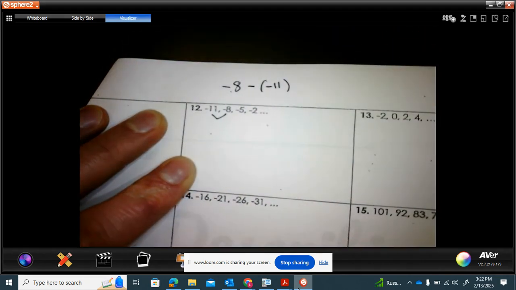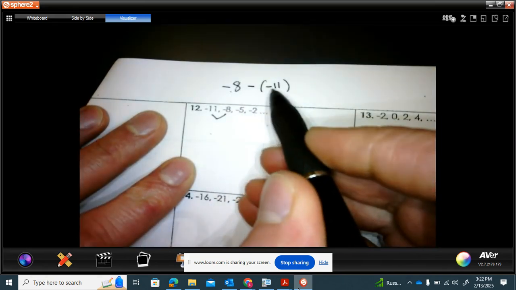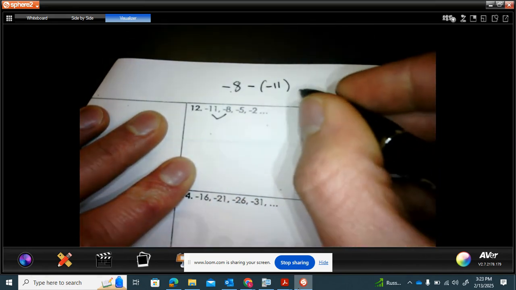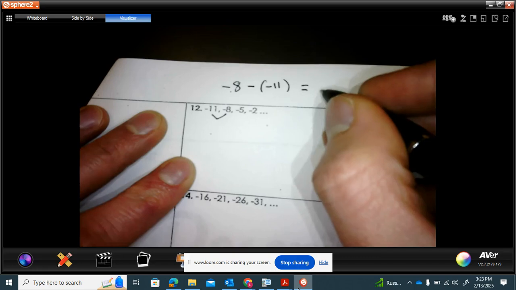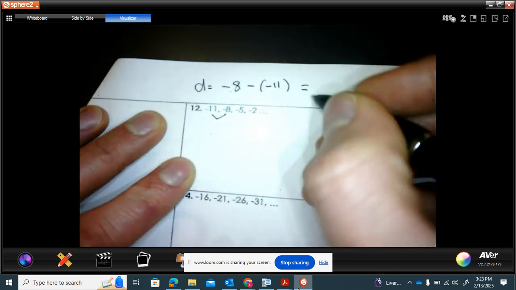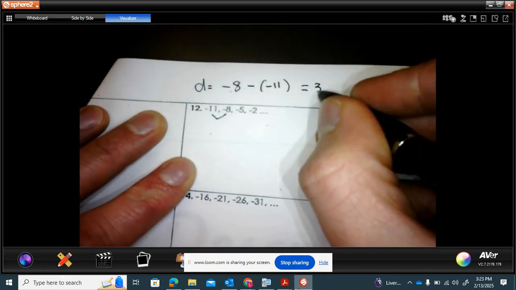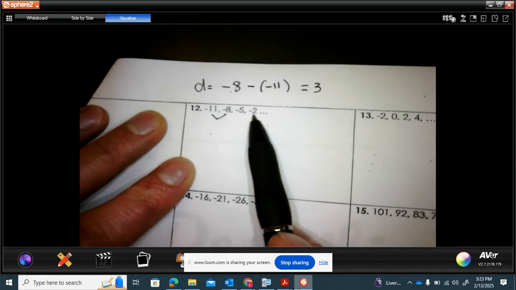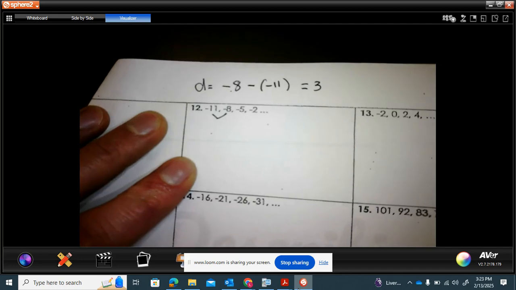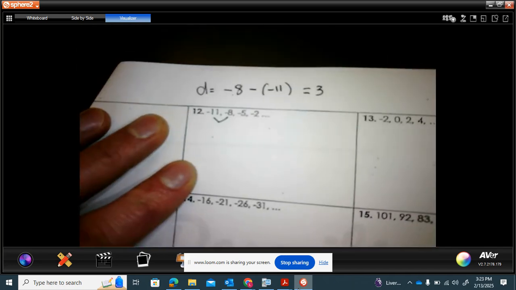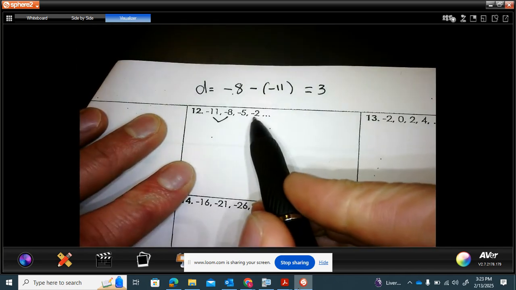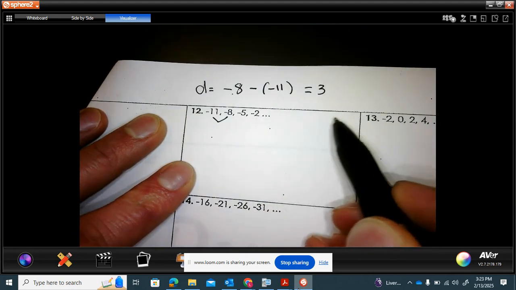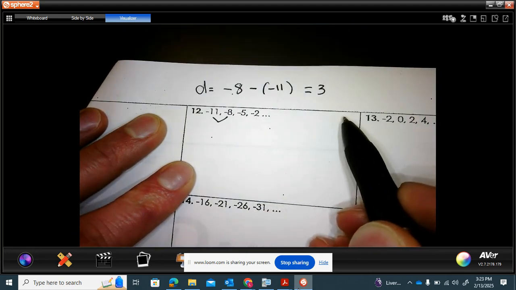So negative 8 minus negative 11. And that's going to give me my answer for what D is every single time. And that's going to be positive 3. So again, it's positive 3 because you could kind of see these numbers are getting closer and closer to 0. And so if I continue to add 3, my numbers are going to go more positive.